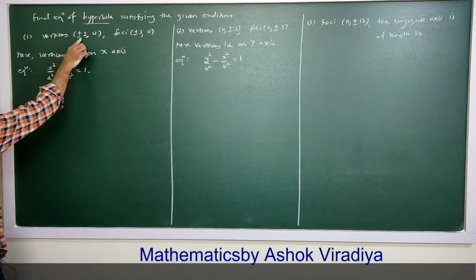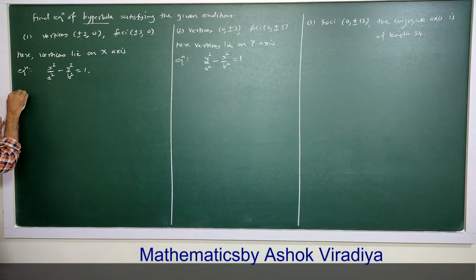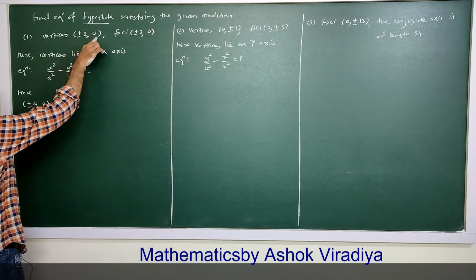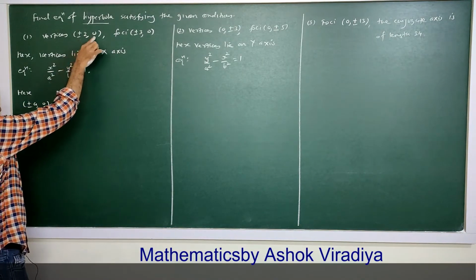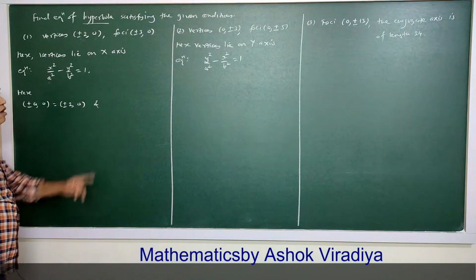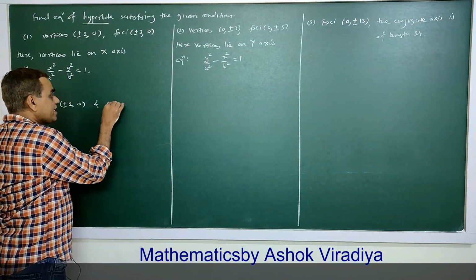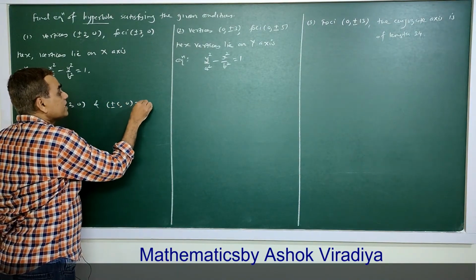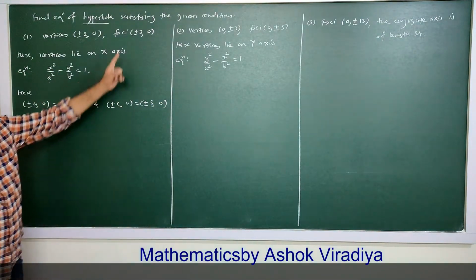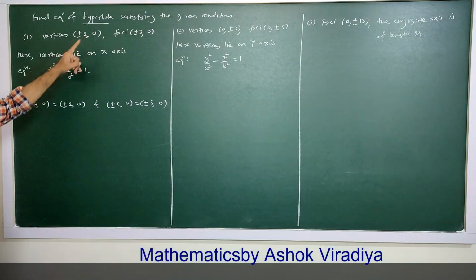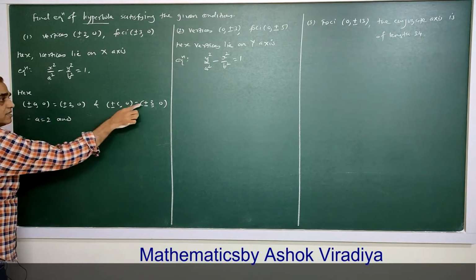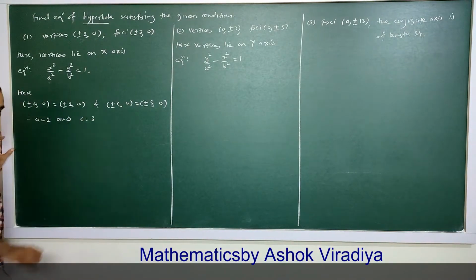Now vertices (plus minus 2, 0). Vertices are (plus minus a, 0), so it is (plus minus 2, 0). And foci (plus minus c, 0), its value is given (plus minus 3, 0). So here a is 2 and c is 3.